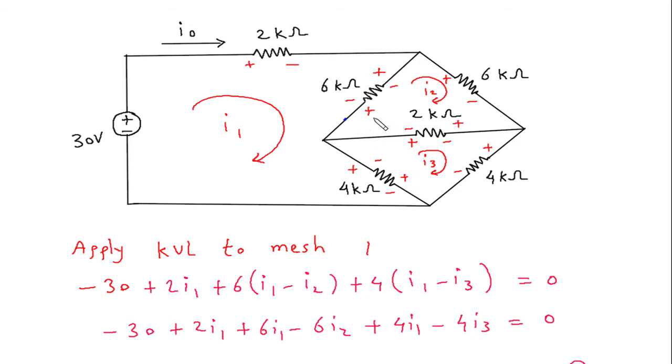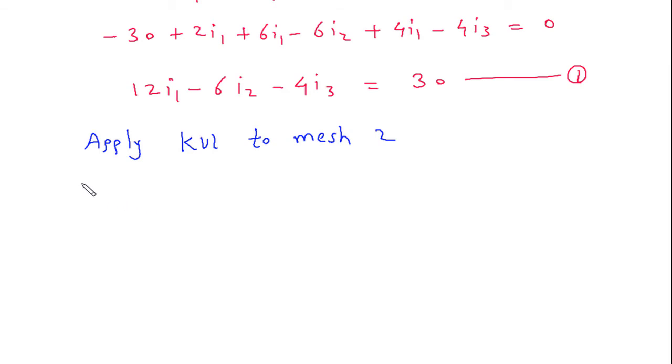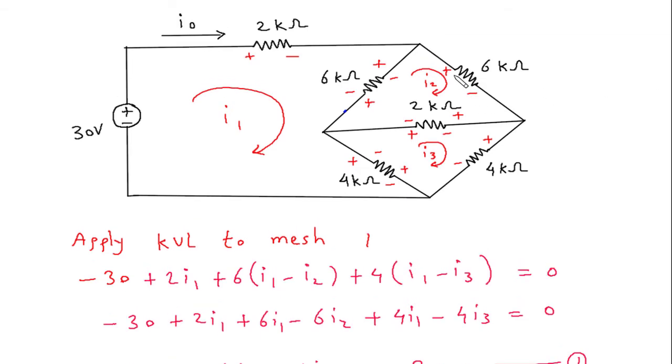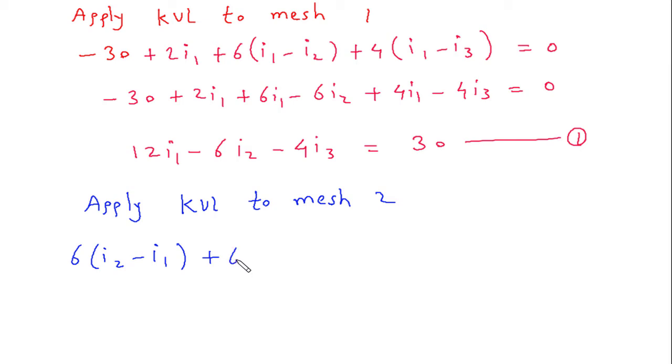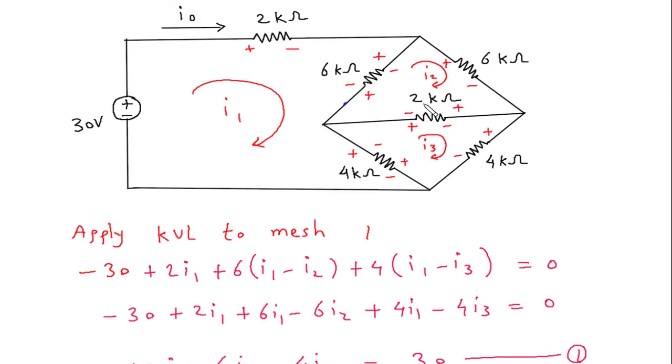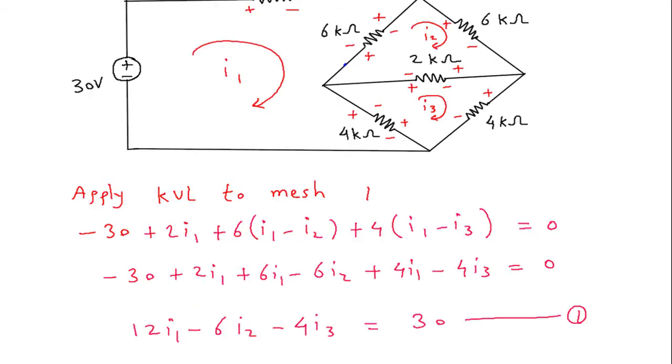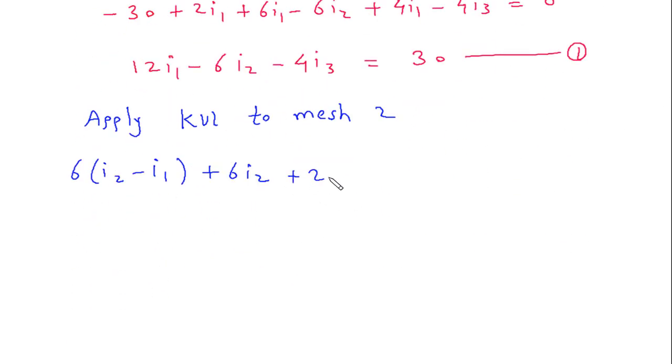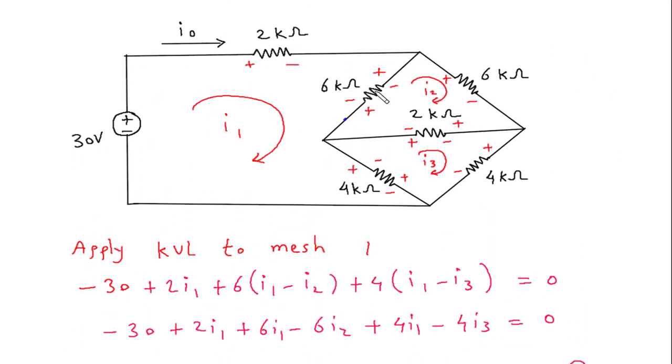So this will be plus 6 I2 minus I1, plus 6 I2, plus 2 I2 minus I3, is equal to 0.